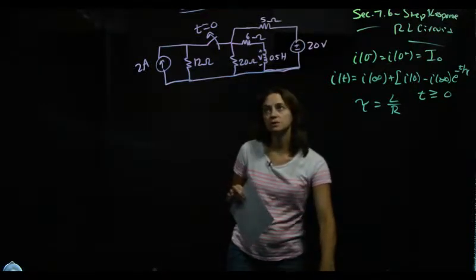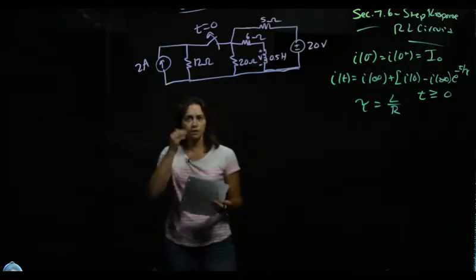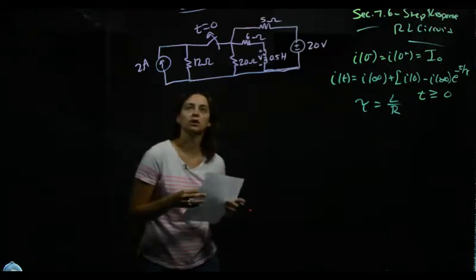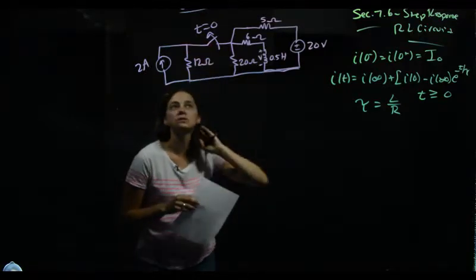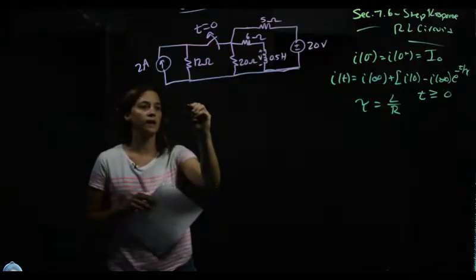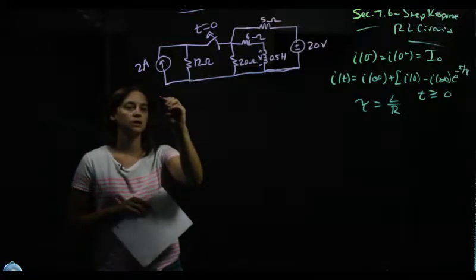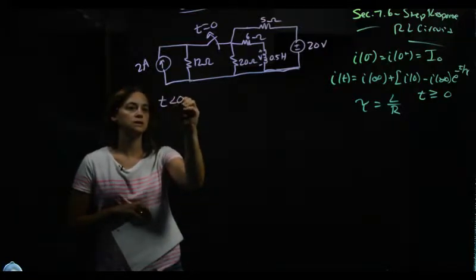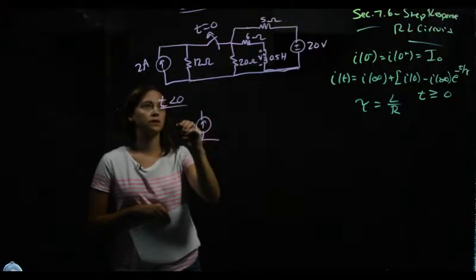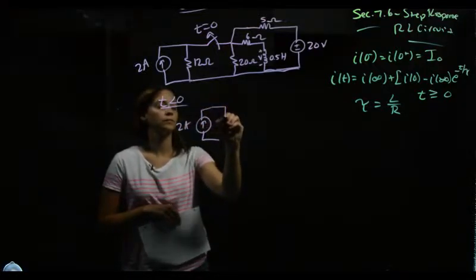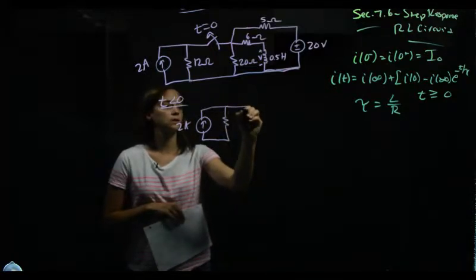So let's jump right into an example. First I want to find my initial current. Initially this switch is closed, and I have a circuit that looks like this. So for t less than 0, I have a DC circuit. Switch is closed.